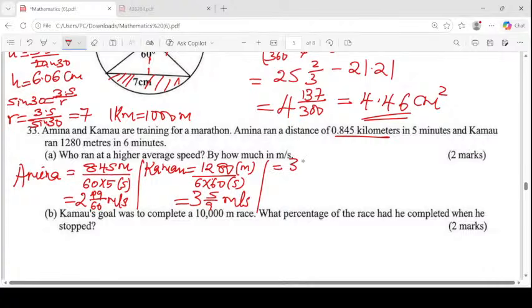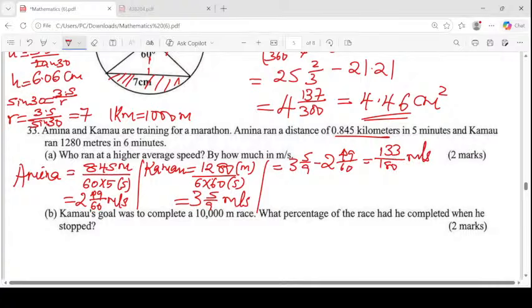When you take 3 whole number 5/9 minus 2 whole number 49/60, this gives a difference of 133/180 meters per second.